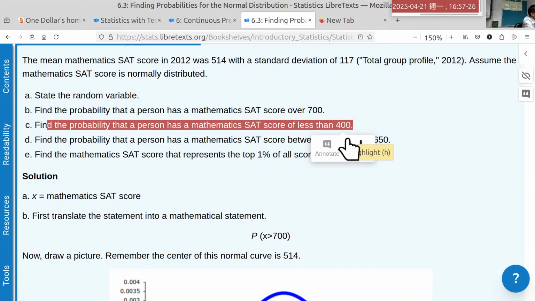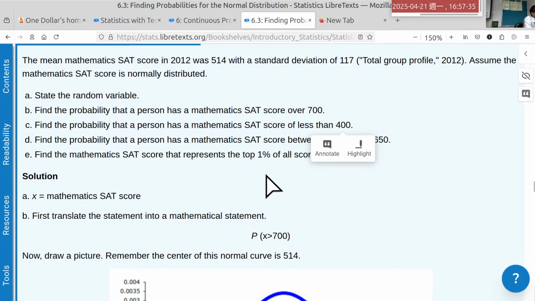Then question D, find the probability that a person has a mathematics SAT score between 500 and 650. E, find the mathematics SAT score that represents the top 1% of all scores.